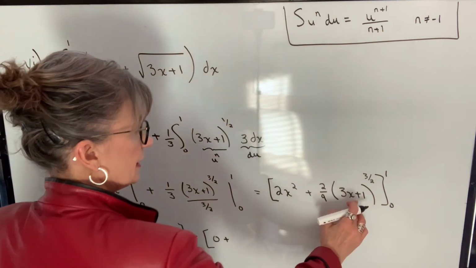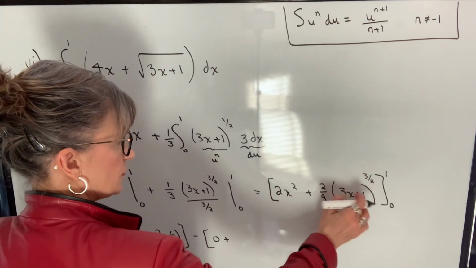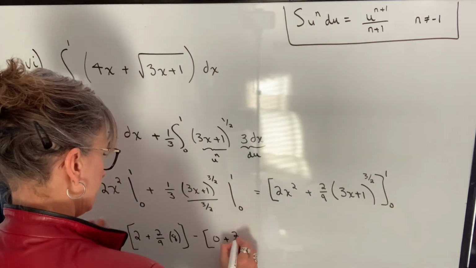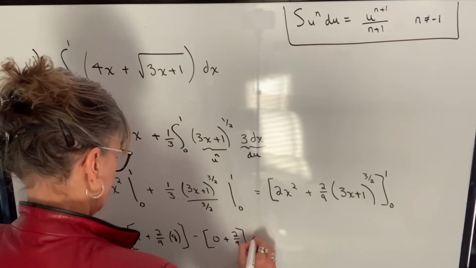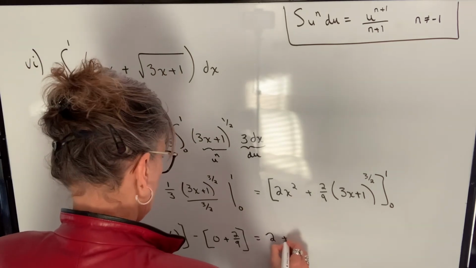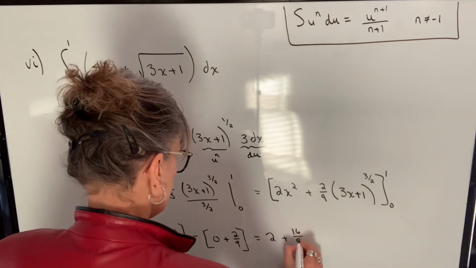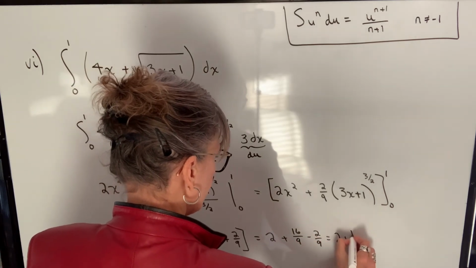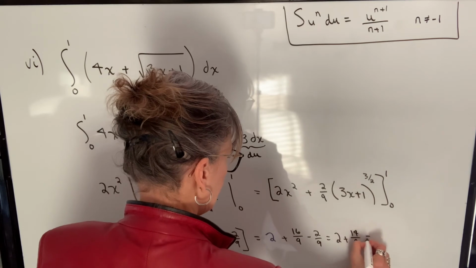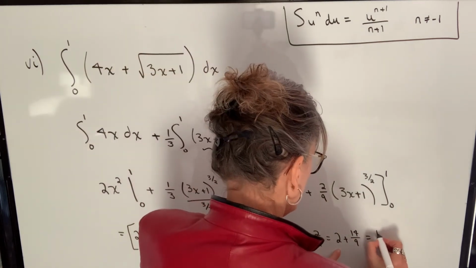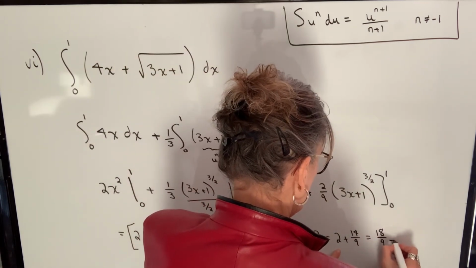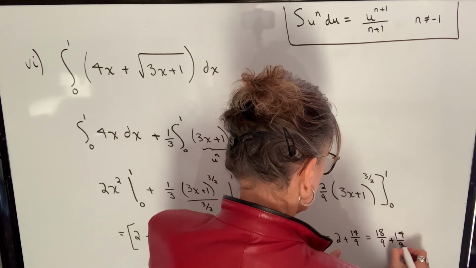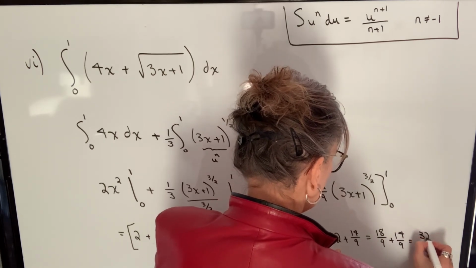When I put a 0 in here, that'll be 1. 1 to the 3/2 is 1, so it will be 2/9. 2 plus 16/9 minus 2/9 will be 2 plus 14 over 9. Get a common denominator, so we're going to have 18 over 9 plus 14 over 9, which would equal 32 over 9.